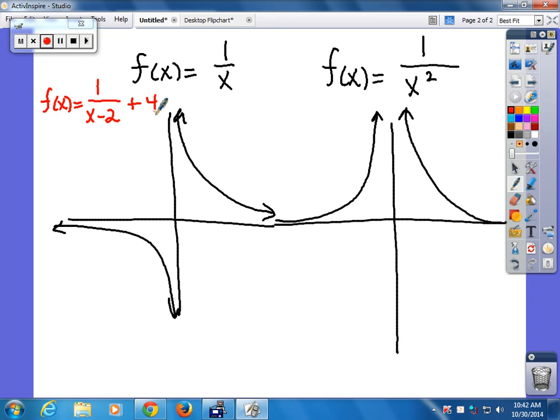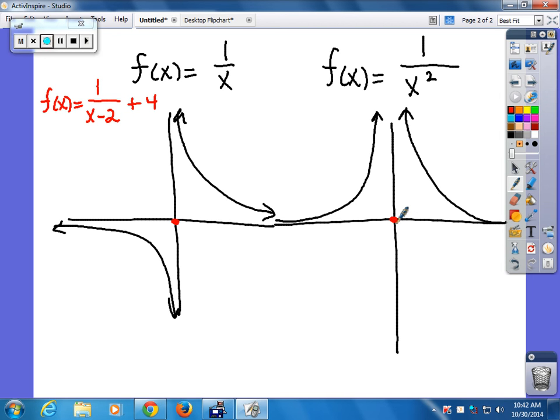Right 2. But how do you know where the shift point, where's your vertex for these two? I'm not calling it the vertex because it's the highest and lowest point; the point of origin, if you want to call it that, is going to be the origin on both of these.